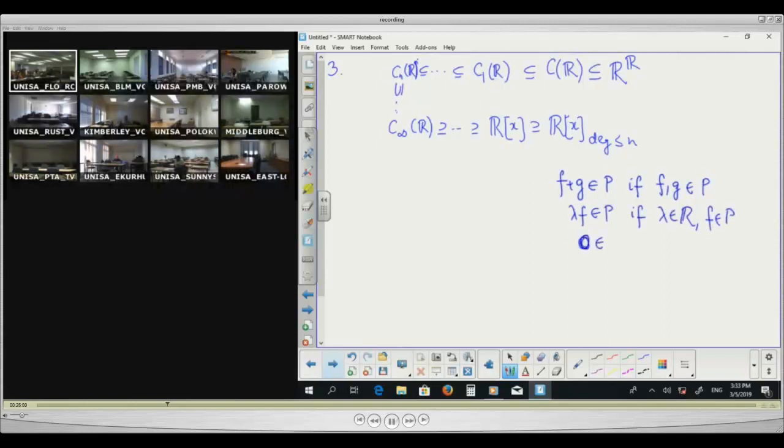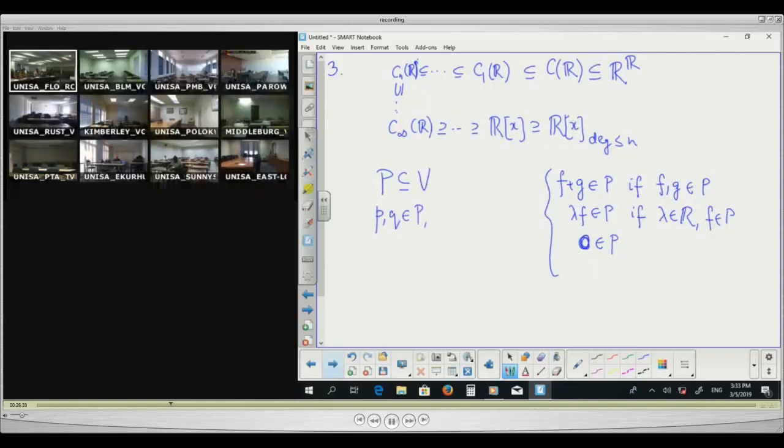There was also a problem which said that if P is a subset of a vector space V and it satisfies these conditions, containing 0 and closed under addition and scalar multiplication, then P is a vector space.